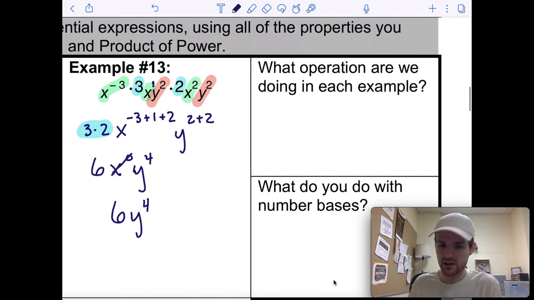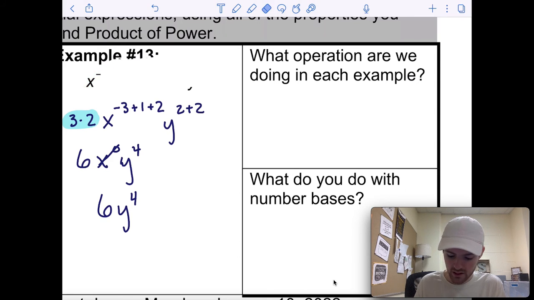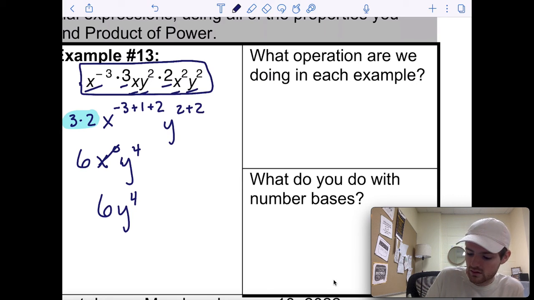Okay, so these last two boxes, what operation are we doing in each example? What that's asking is, when we just look at a problem, each of these individual bases, each piece, we are multiplying. Multiplying.